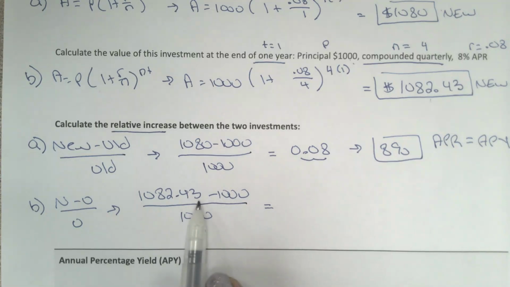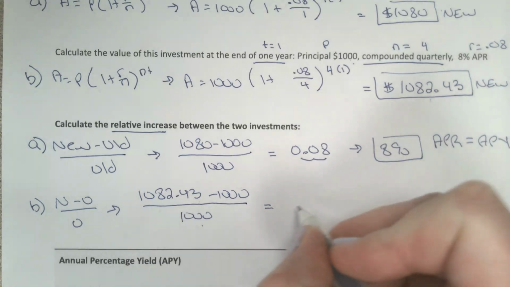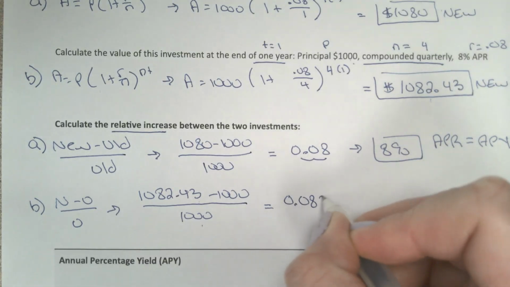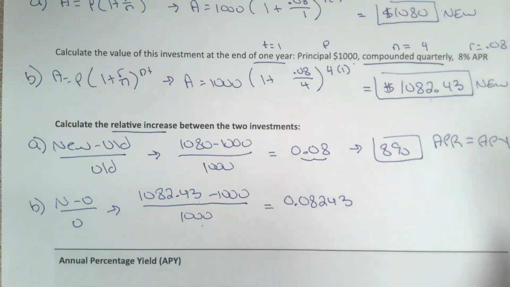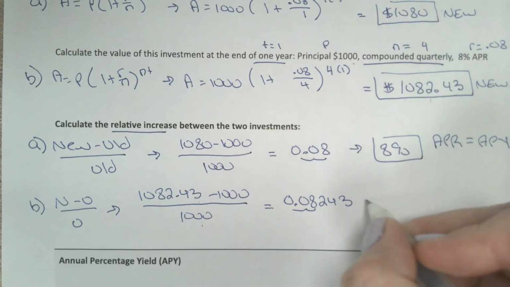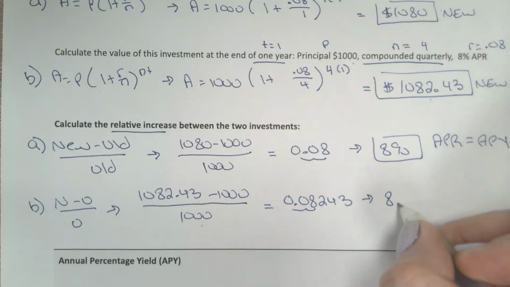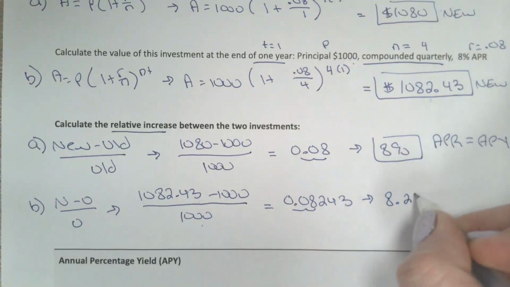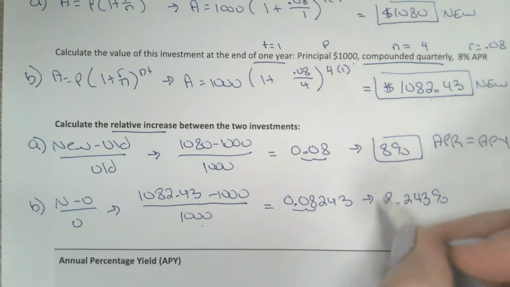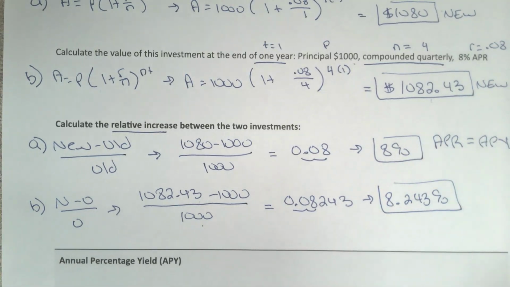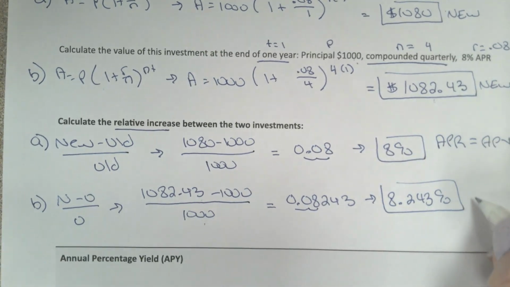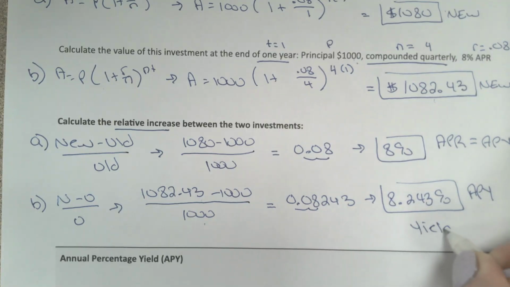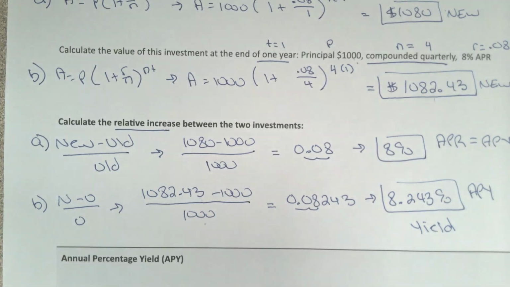So now I'm essentially taking $82.43 divided by 1,000, and I got 0.08243. So when I move this one to the right, I get 8.243%. So this is what we call my APY. So this is my yield.